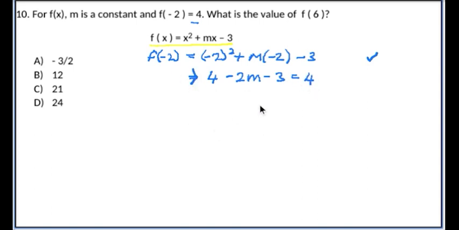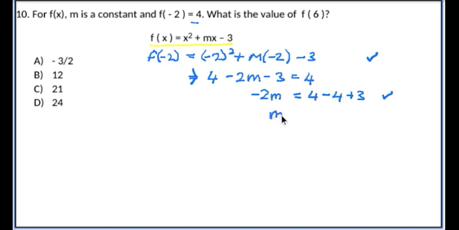Alright, so now we can solve for m. So what we're going to do is bring over this 4, bring over this 3, and we will change the sign. So 4 minus 4, the negative 3 becomes positive 3, and that's the right hand side, minus 2m, so there's no change on that side. Okay, everything looks good.